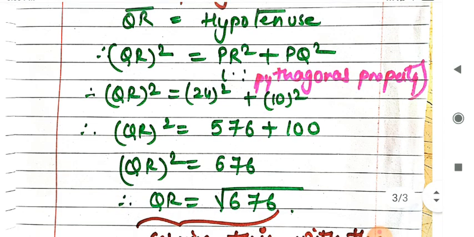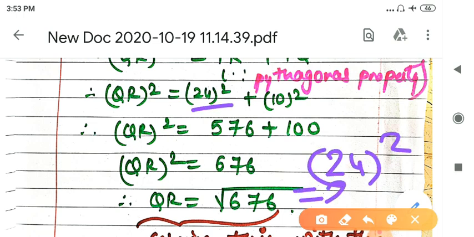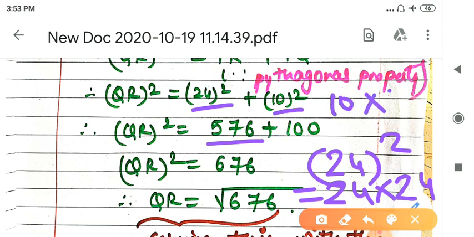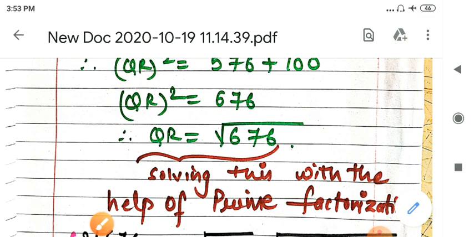After solving it, we get QR square is equal to 24 square, which means you multiply 24 two times. 24 multiplied by 24 is 576, plus 10 square, that is 10 multiplied by 10, which is 100. So that is 676, and QR is equal to, this square will go to the other side and become a root, so square root of 676.